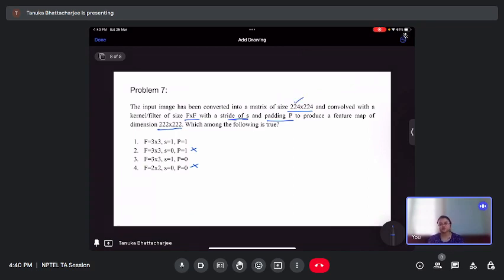Here the matrix size is reducing from 224 to 222, so it's most likely that no padding is being done, which is why it is reducing. So the most likely solution looks like this, but we should also check it.